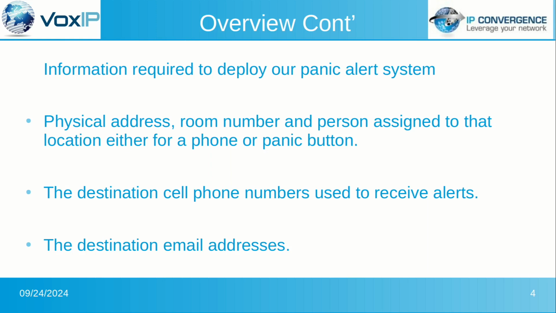And once again, we'll also need the destination cell phones and email addresses that are going to receive these alerts, and you can build those custom groups by each physical location. Obviously, if you have a campus way across the city, you don't need to notify everybody. You just need to get the personnel that's there physically to respond, and that's what we can configure that custom group for you.